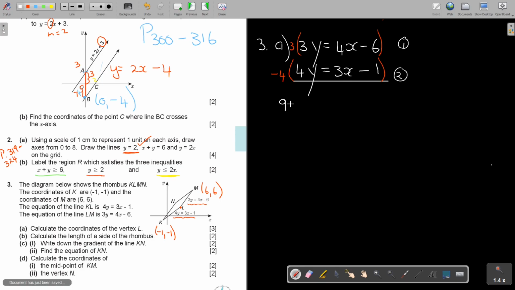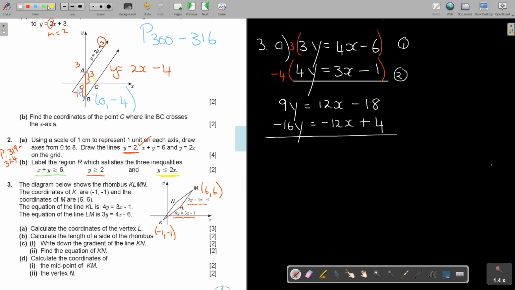So I get 9y is equal to 12x, and this one 3 times 6, so this is going to be negative 18. This is going to be negative 16y is equal to negative 12x, and the negative times the negative is positive 4.